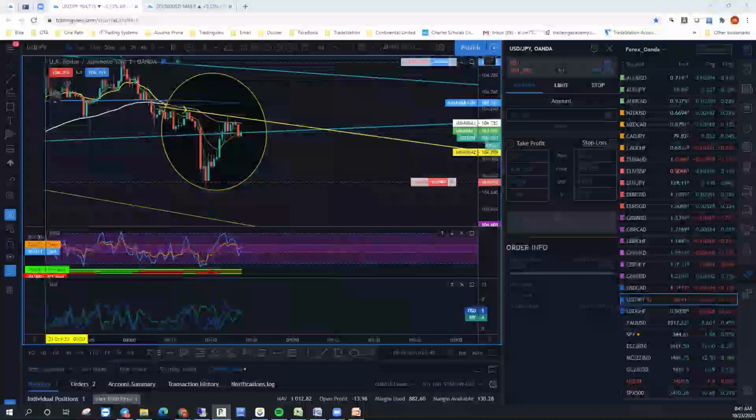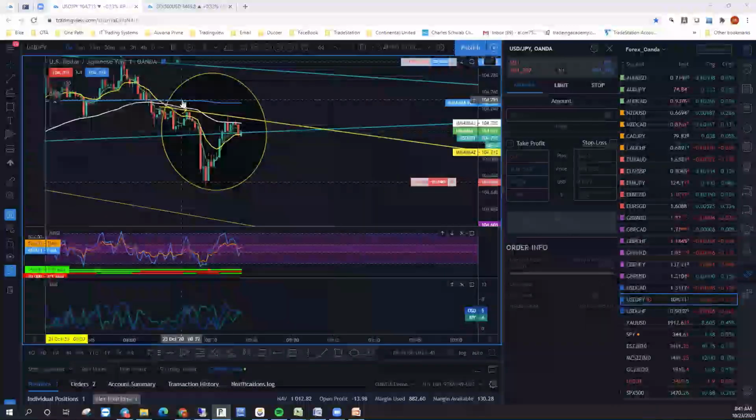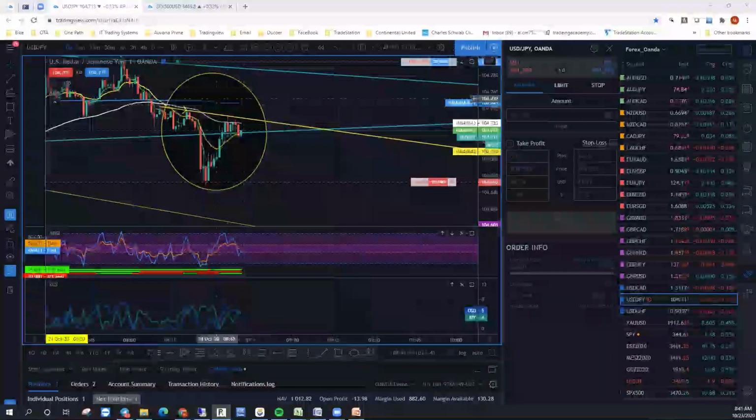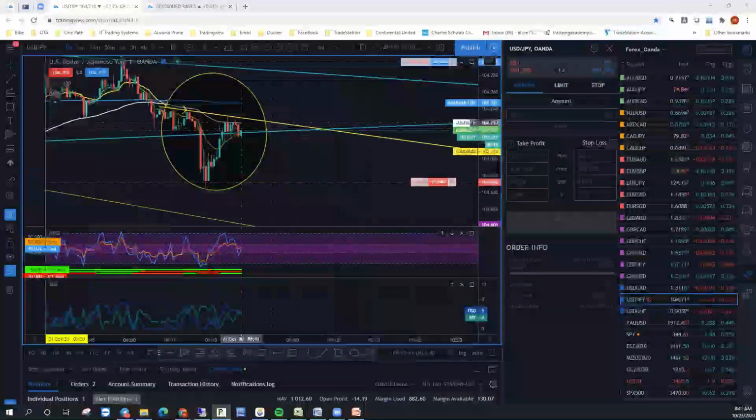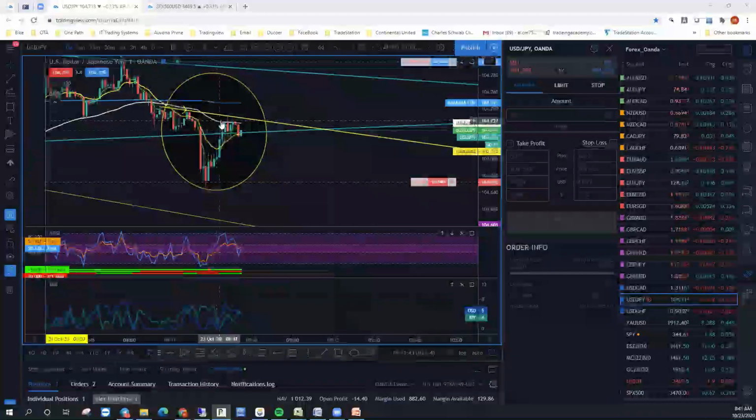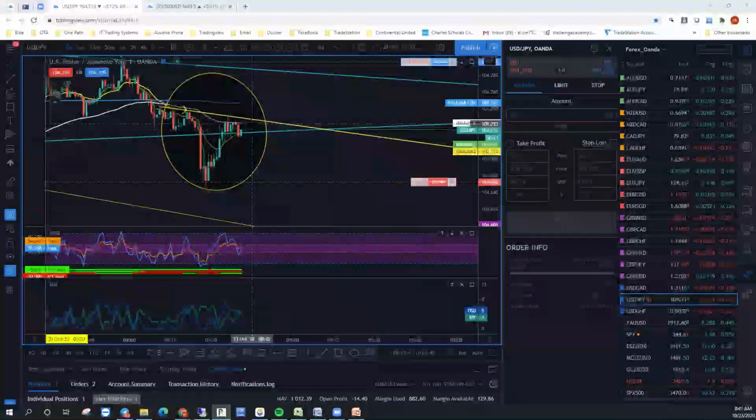Put it down. That's the thing I like about this right now to the short side: we have our 30-minute 62 sitting above it, and we have our 62 on our 1 minute sitting above it.